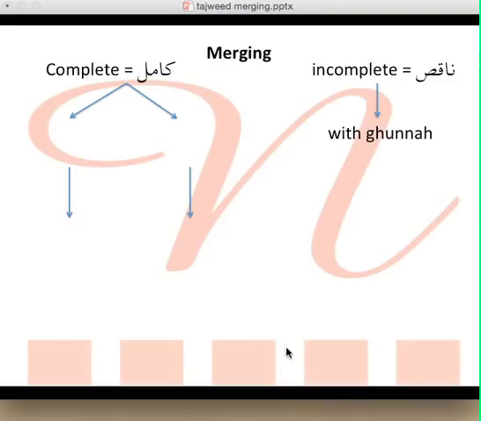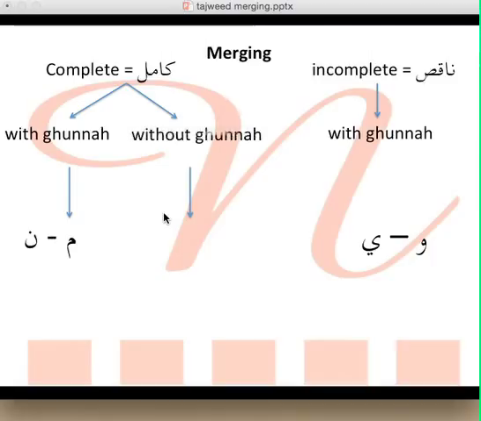It means the merging is incomplete, the noon is gone, but the ghunna stays. So that's why it's incomplete, and we have to read the ghunna. Kamil is the opposite, with the waw and the ya only, as I said before. Kamil, complete, with ghunna is mim and noon, and without ghunna is lam and ra. Same thing as before, but I just changed the grouping.